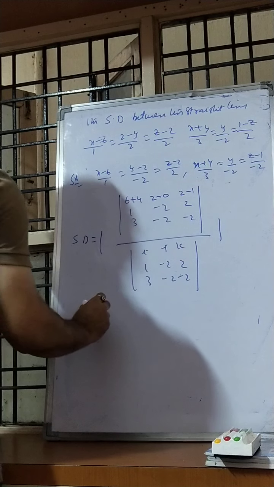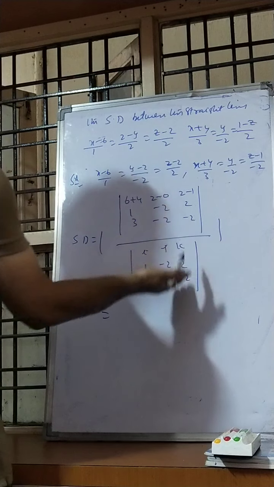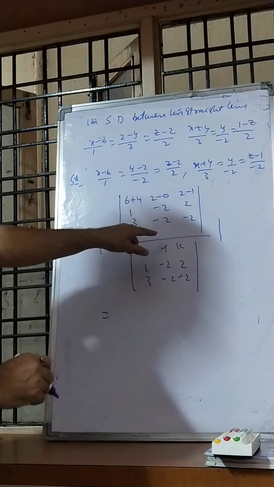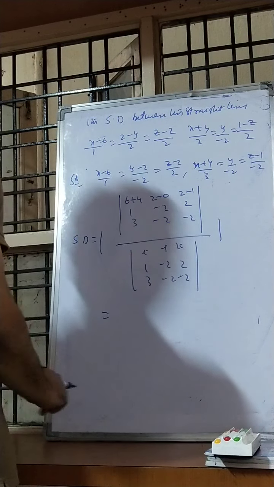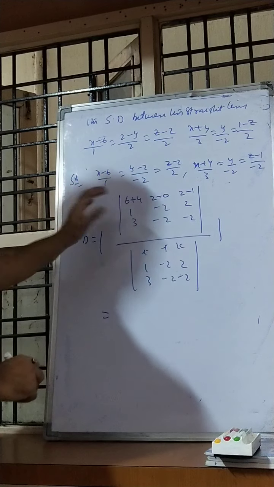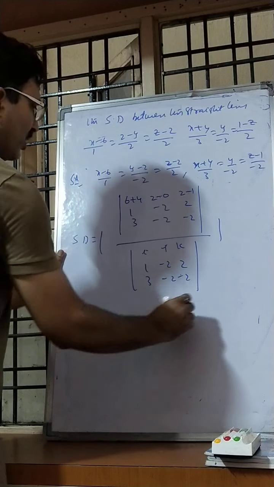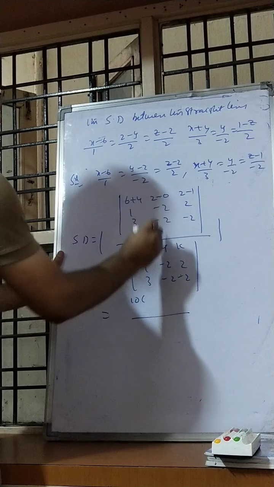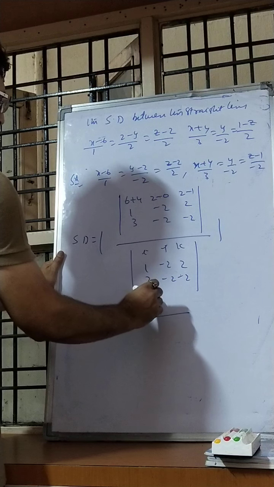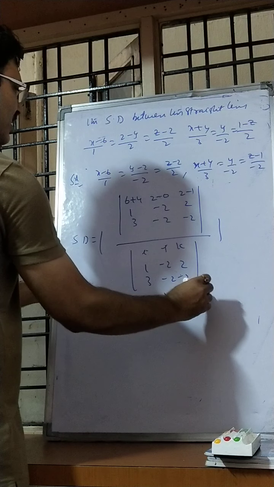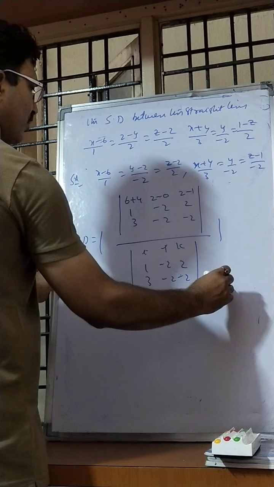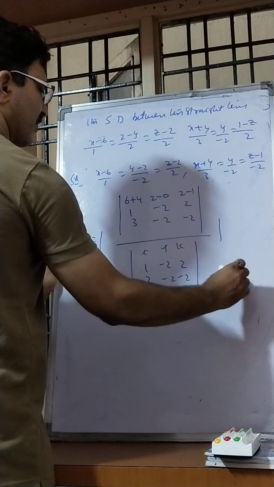While expanding, you just expand and you will get the answer. Hope you people have understood. If not, expand like this: 10 into 4 plus 4, minus 2 into minus 2 minus 6, and plus 1 into minus 2 plus 6.